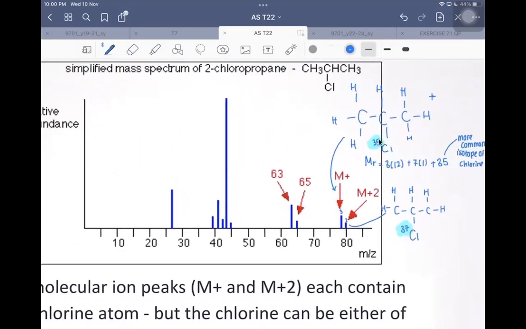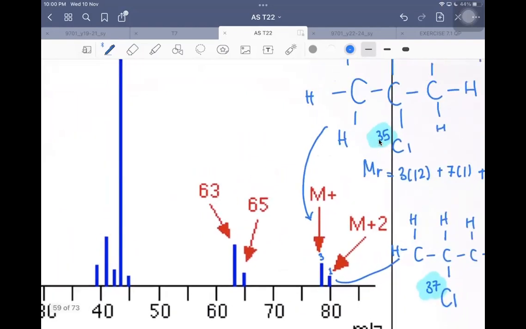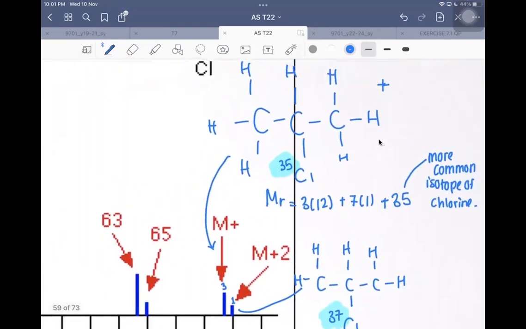Okay, so there are other signals in this mass spectrum that I don't have to worry about. However, this diagram is highlighting the peaks at 63 and 65. Those peaks are produced when you fragment this molecule at this bond.